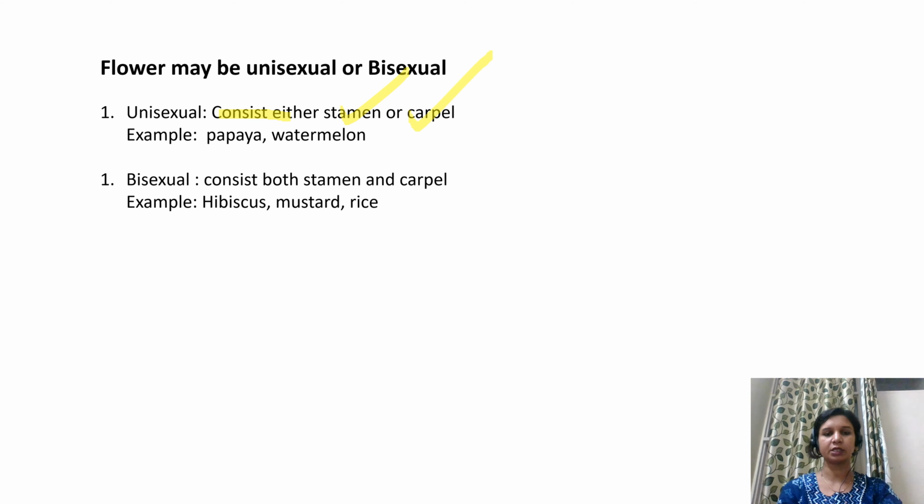So if a flower has only one of these two, it will be unisexual. And what happens in bisexual? A bisexual flower has both stamen and carpel, which means both reproductive organs, male as well as female. Examples of these plants are hibiscus, mustard, and rice. The flower of rice I have shown in the picture.